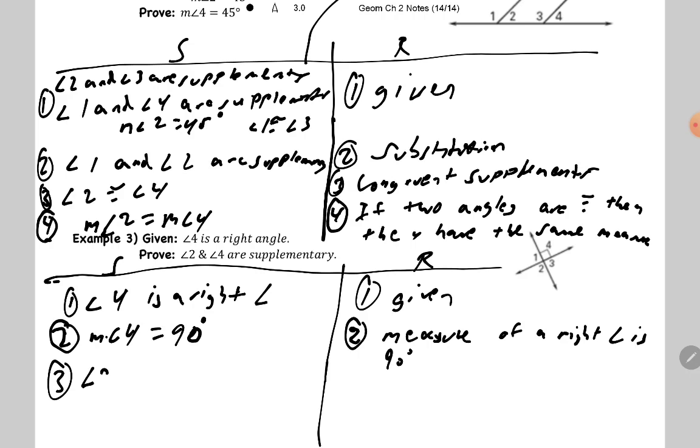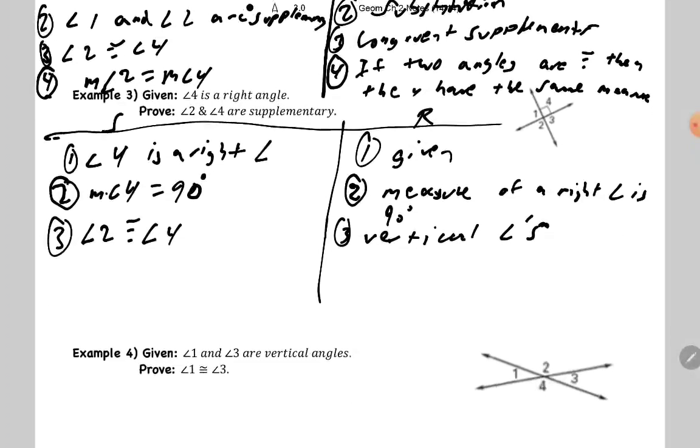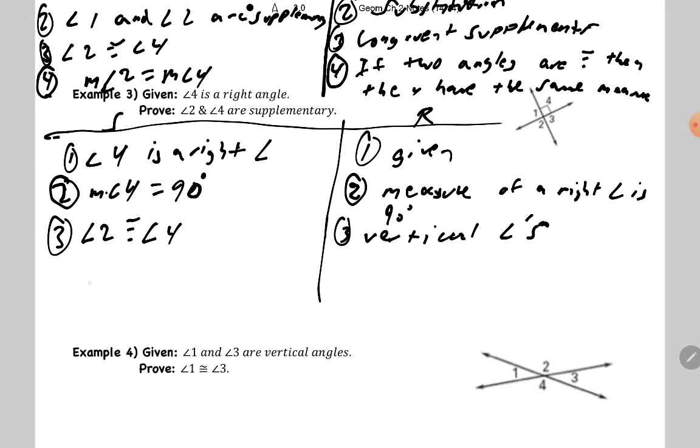So I can say angle 2 is congruent to angle 4 because they are vertical angles. And that's all you have to say for that. That means measure of angle 2 is 90 degrees.